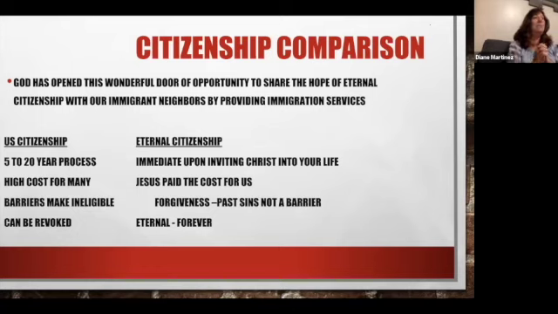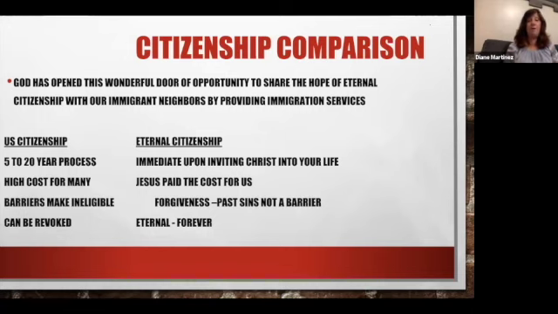But it was obvious to us that God was not having us do an immigration program. Immigration was just the door opener of service that allowed people to walk into our center that would probably, many of them, never walk into our churches, but they get to walk into our centers, and we get to tell them the truth.